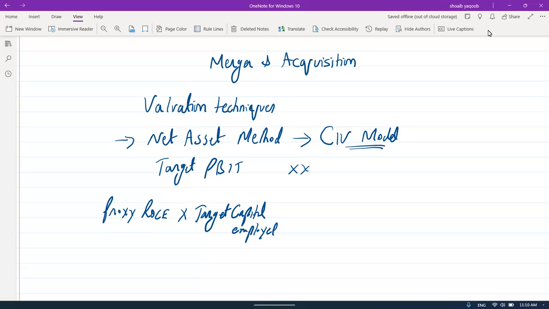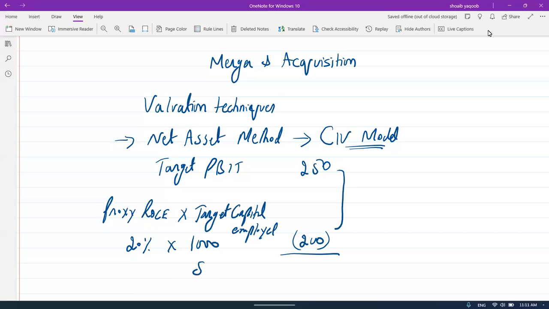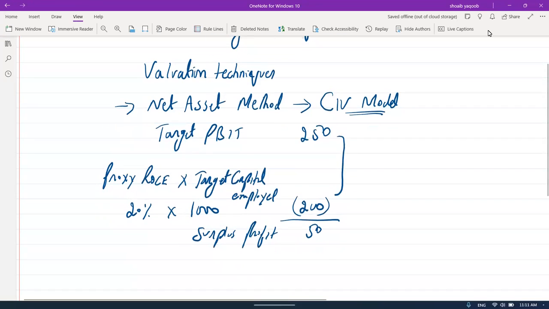So the idea is, if the industry is earning 20% on the capital and your capital is 1000, your profit will be 200. And if you're earning 250 profit, that additional 50 is surplus profit because of the intangibles.